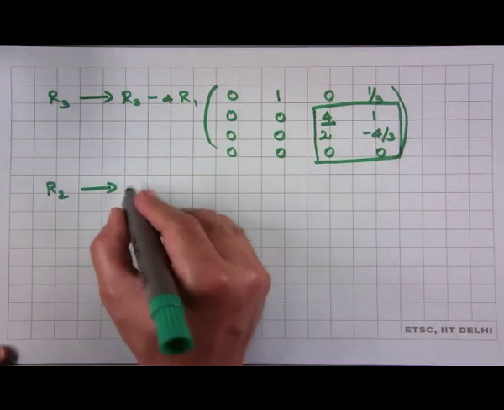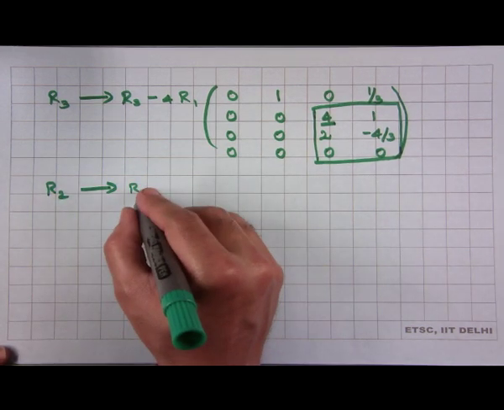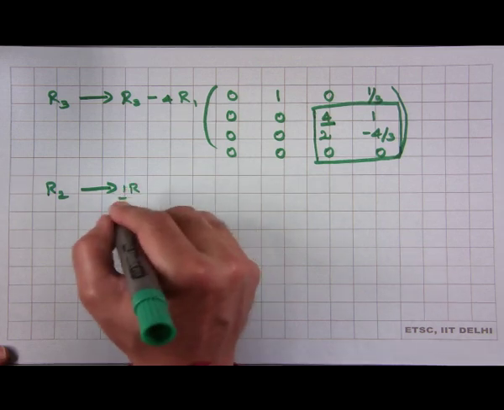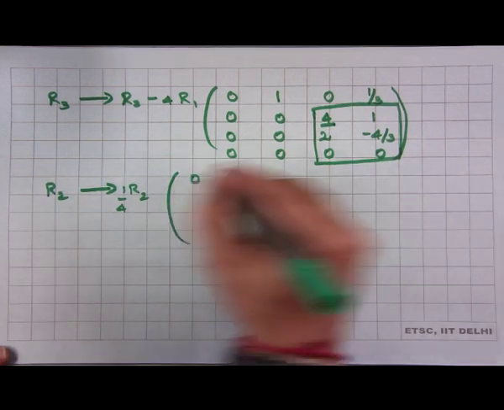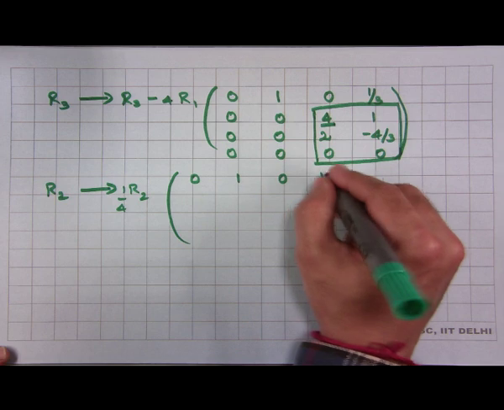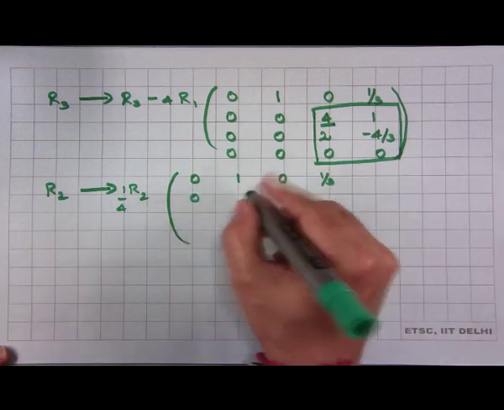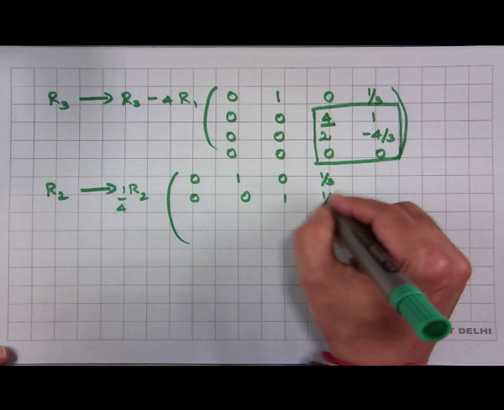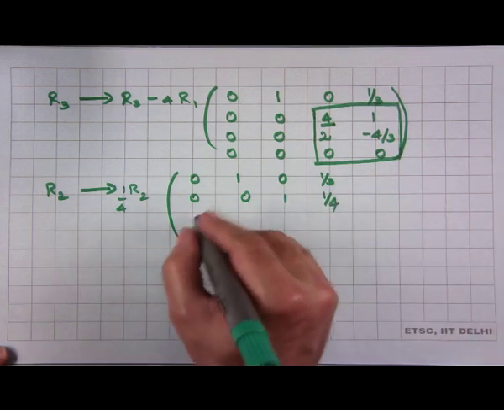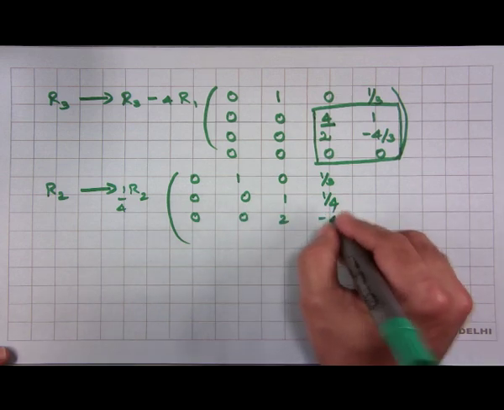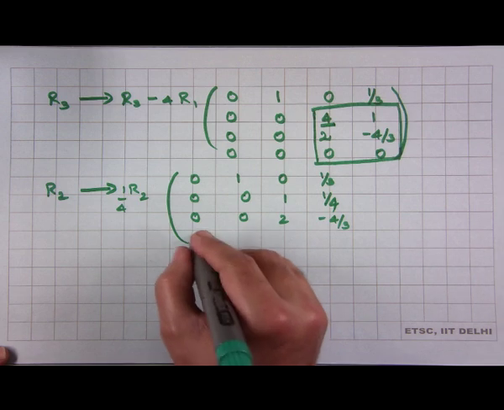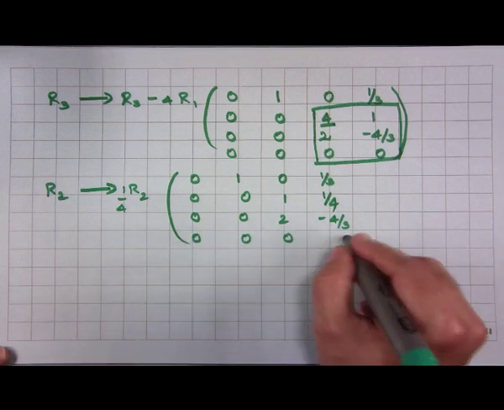R2 is replaced by 1 by 4 times R2, 0 1 0 1 by 3, 0 0 1 1 by 4, 0 0 2 minus 4 by 3, 0 0 0 0.